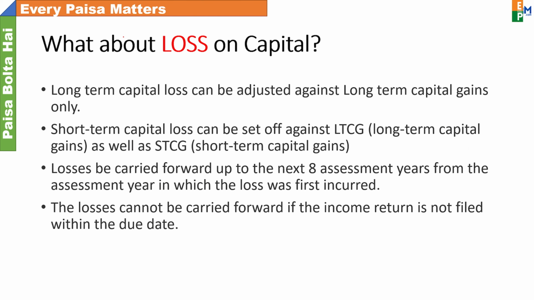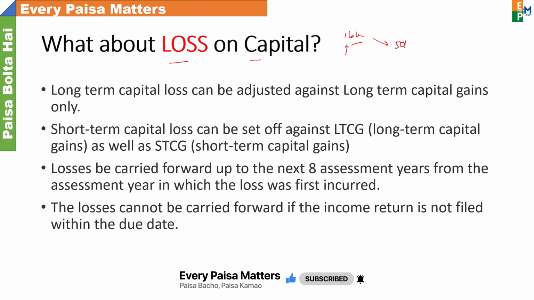Okay, so we have talked about profits, but what about loss on capital gain? It may also happen that you bought a particular mutual fund at a price, let's say for 1 lakh rupees, and due to some reason, whether the fund value went down and you had an urgency to sell it, or the quality of the asset went down, you only got 50,000 rupees when you realized the capital asset's value.